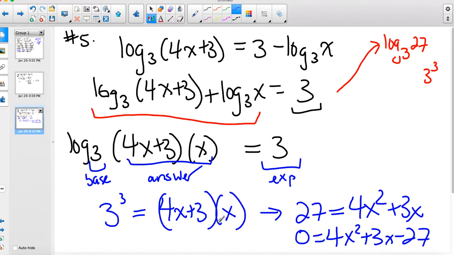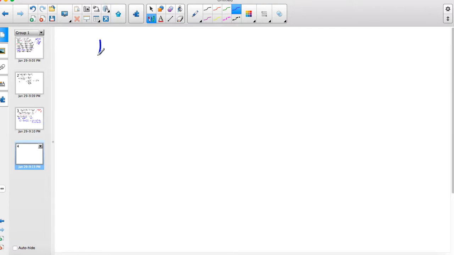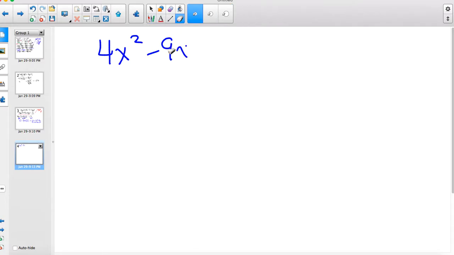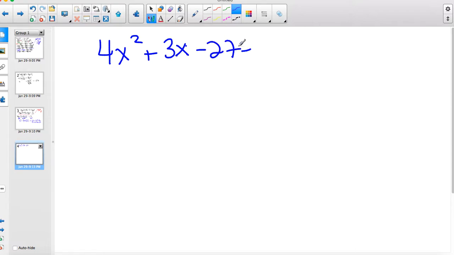and then you're ready to factor. So when you factor, it becomes 4x squared minus 9x, no, sorry, it was plus 3x. My bad, hold on. Okay, so plus 3x minus 27 equals 0. Either you use the quadratic formula or you do factoring, whatever you want.